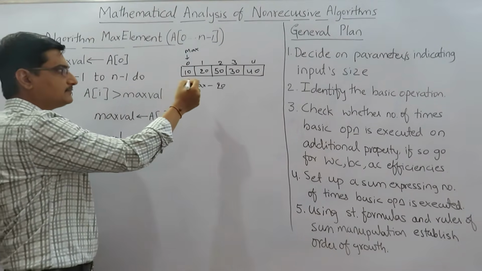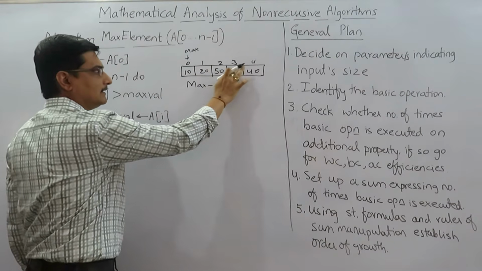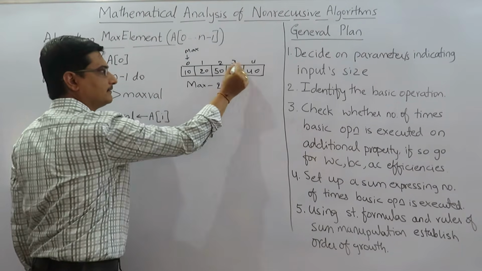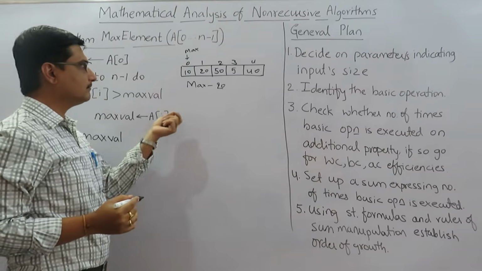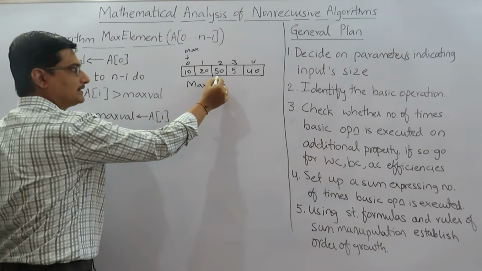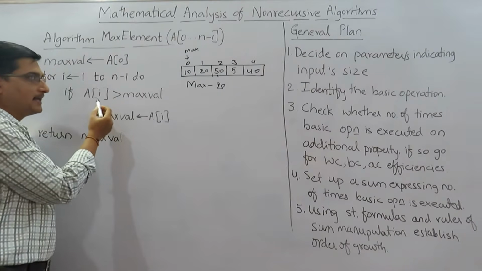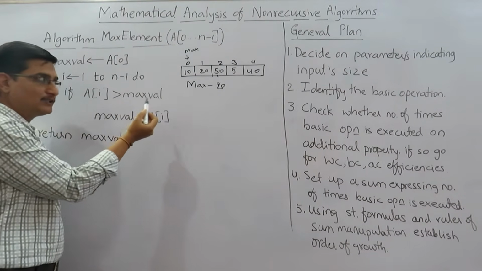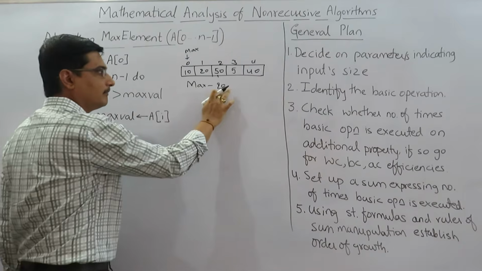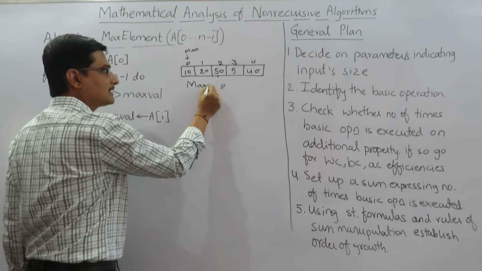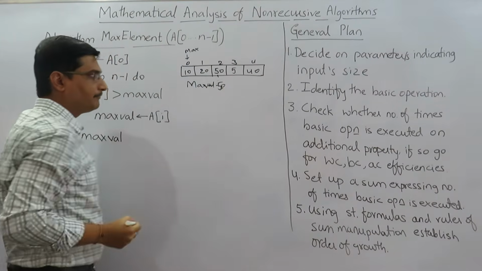Let us take the next as 5. Now a of i is pointing to the second element, that is 50. Is 50 greater than the present max element, 20? Yes, so max value is assigned 50.